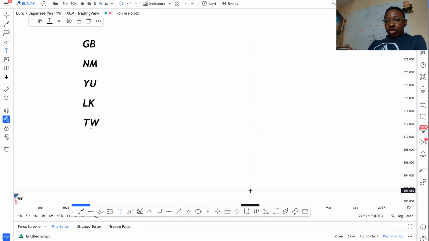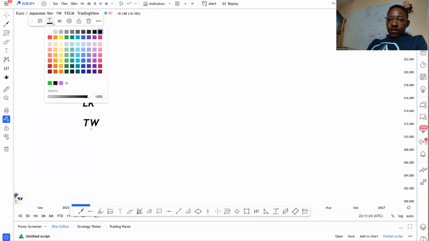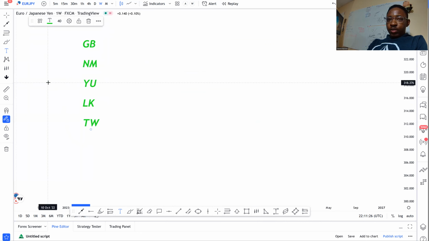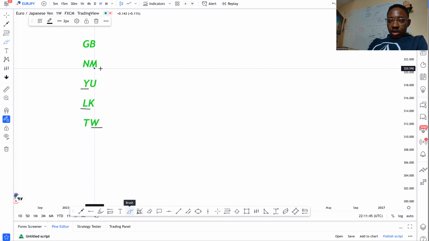So these are also two teams, and I'm going to underline the weaker team, or the team that lost the competition, not the one that won the competition, the one that lost the competition. So W lost the competition, L lost, Y lost, M lost, B lost.